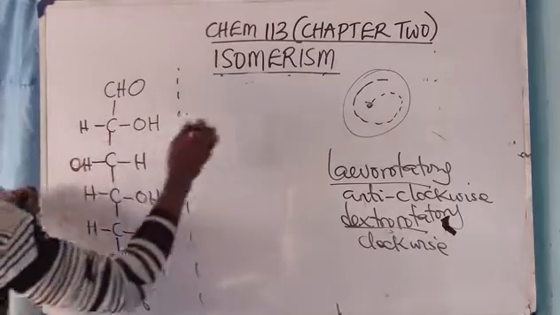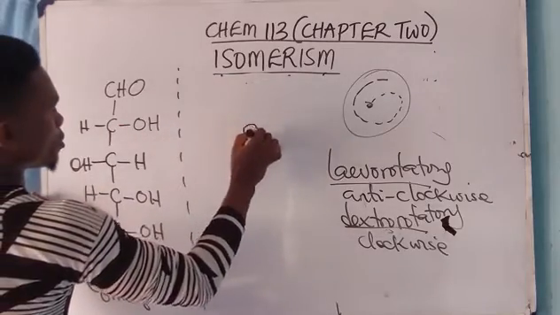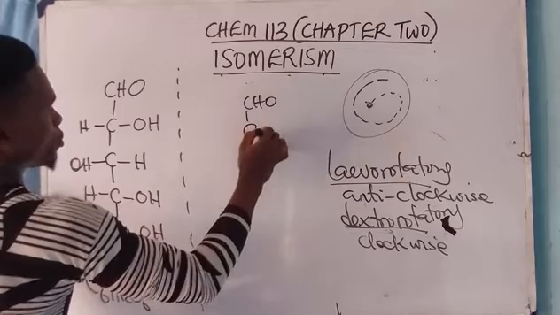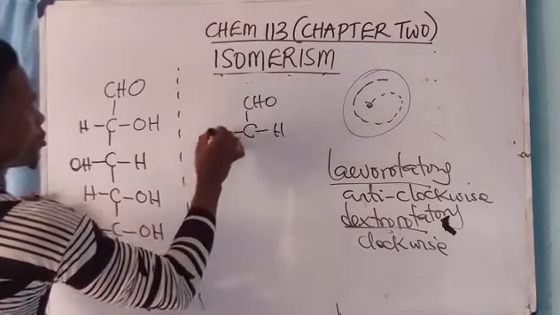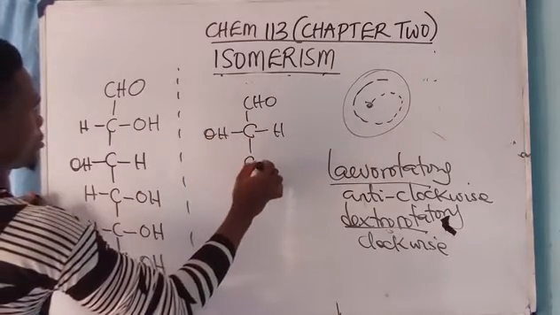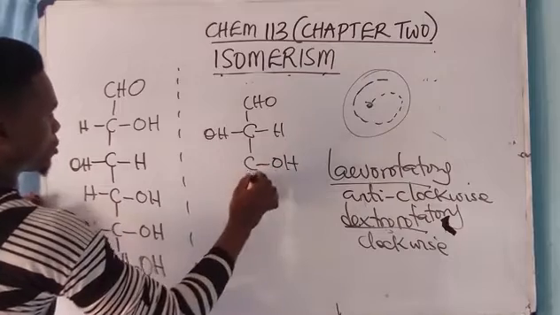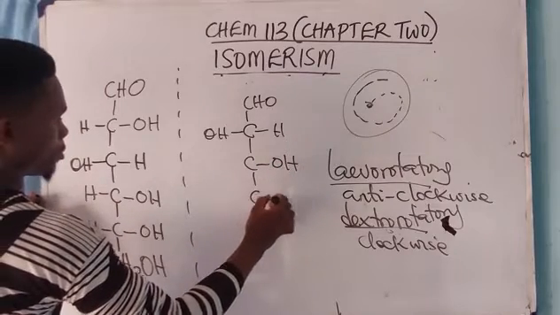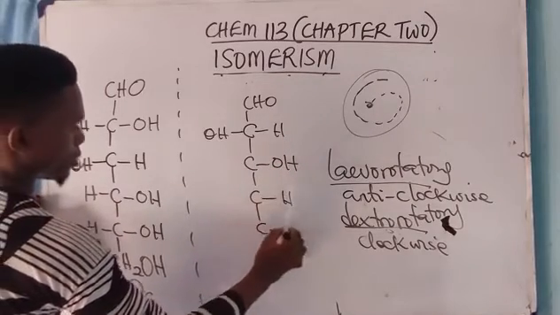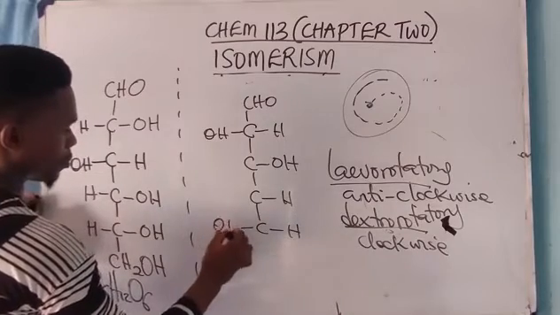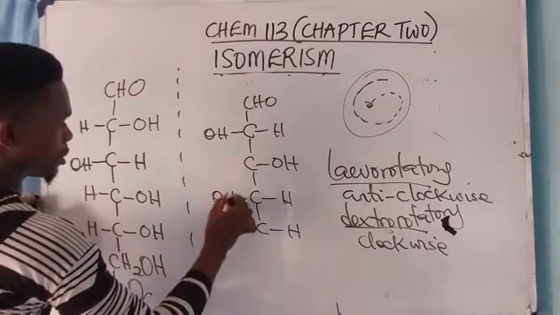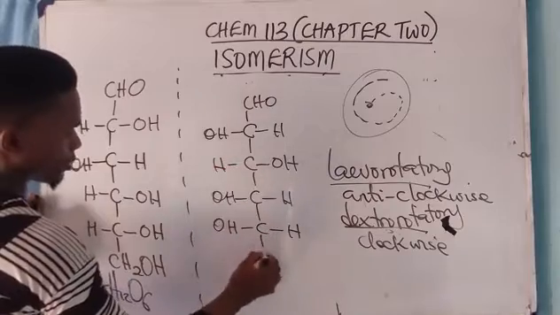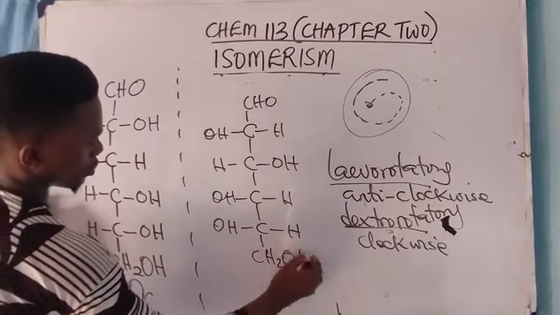If I want to do the rotation now, what will happen? This one will come this way, becomes CHO, H, OH, OH, H, H, OH, OH, H, CH2OH.